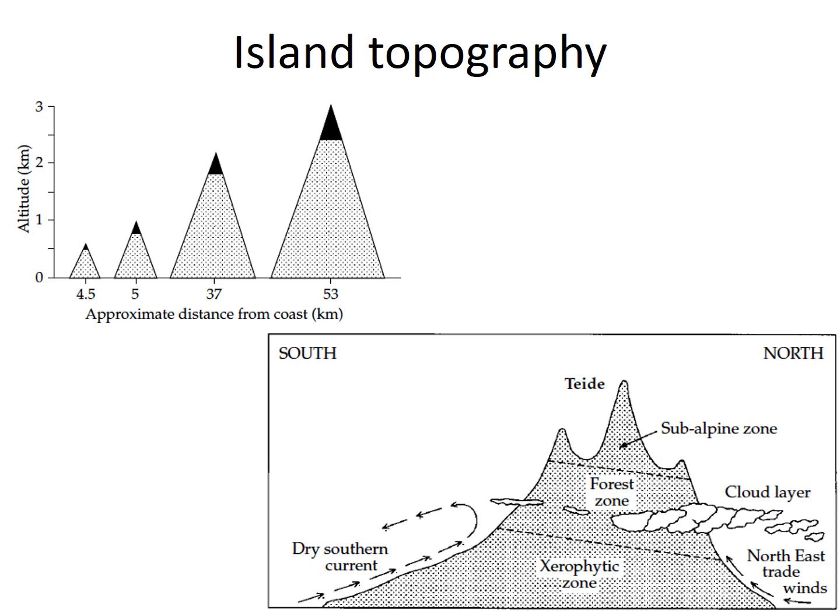This is illustrating where you find mossy forest on different islands, okay? So wet, moist forest. On the highest islands that are 53 kilometers from the coast and 3 kilometers high, you only find mossy forest in the very top half kilometer, okay? So you don't find it below 2.5 kilometers elevation.